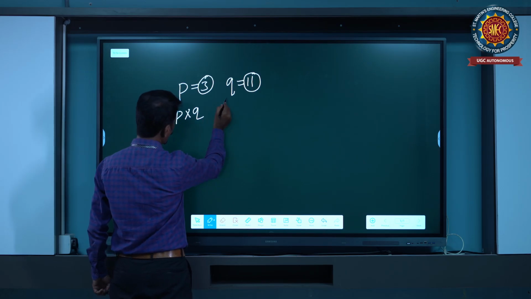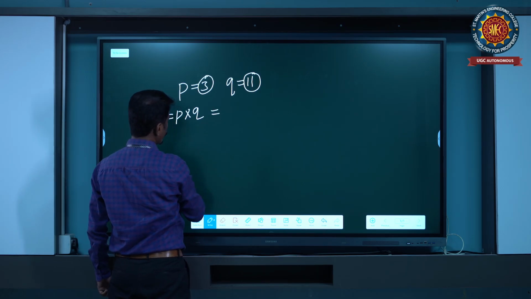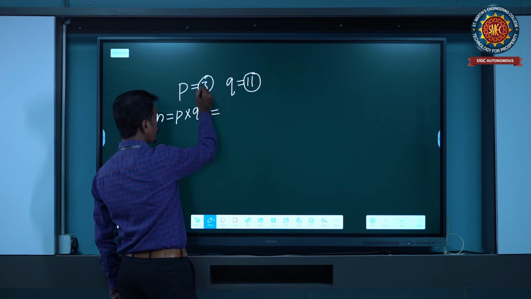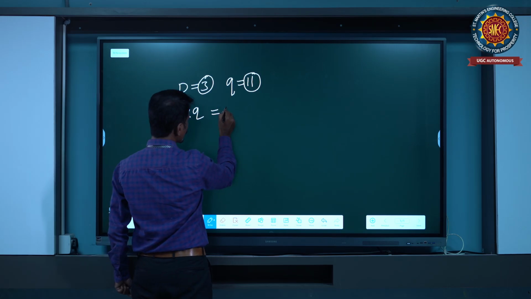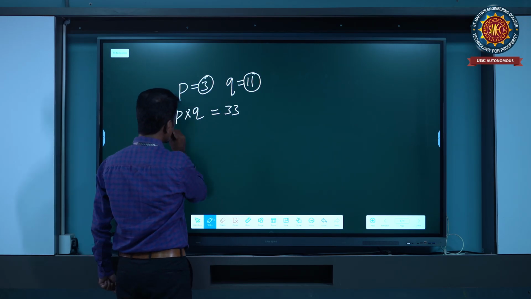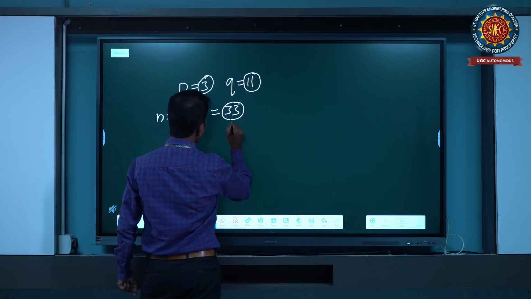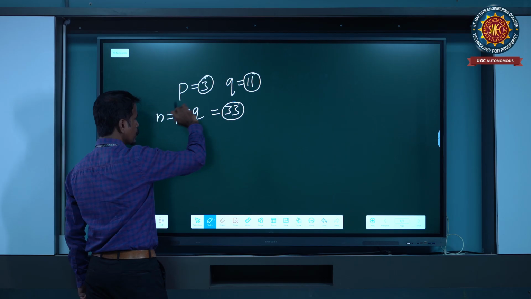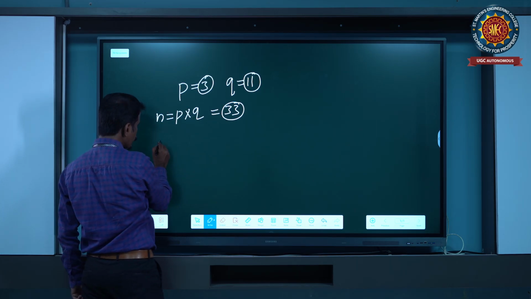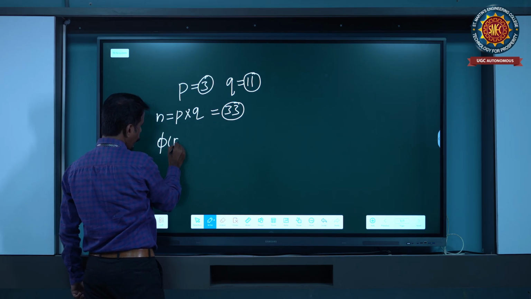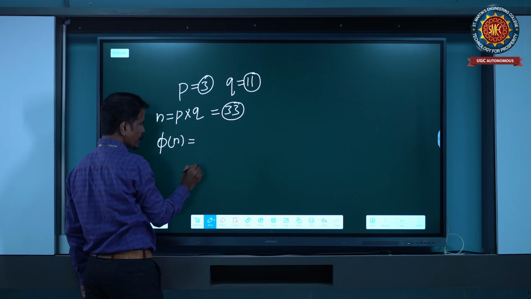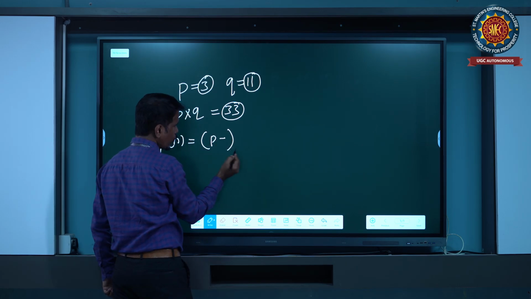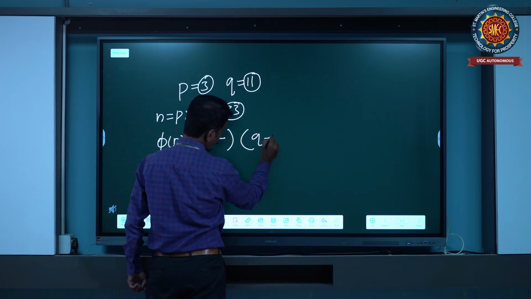Now we identify the value from the product of the two numbers. P is 3, 11 threes are 33. So this is the n value. Next we have to calculate phi of n, the Euler totient function. How do we calculate it? P minus 1 and q minus 1.